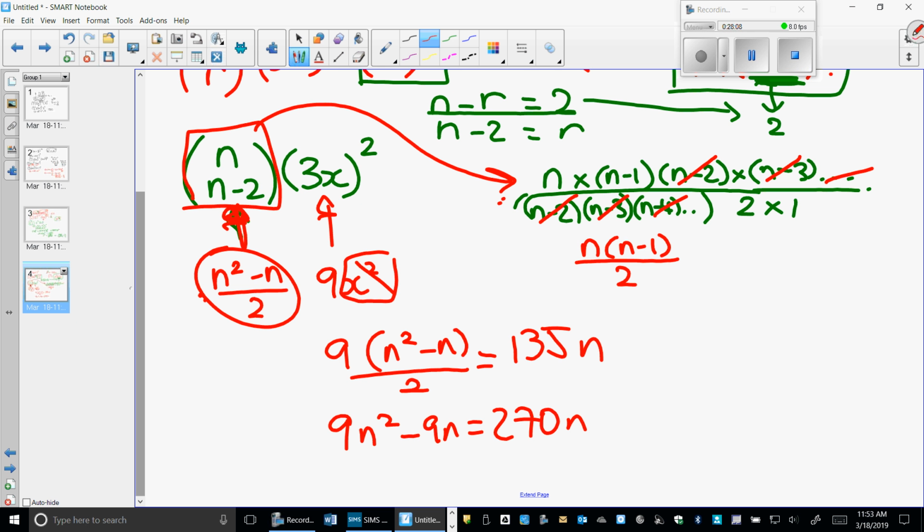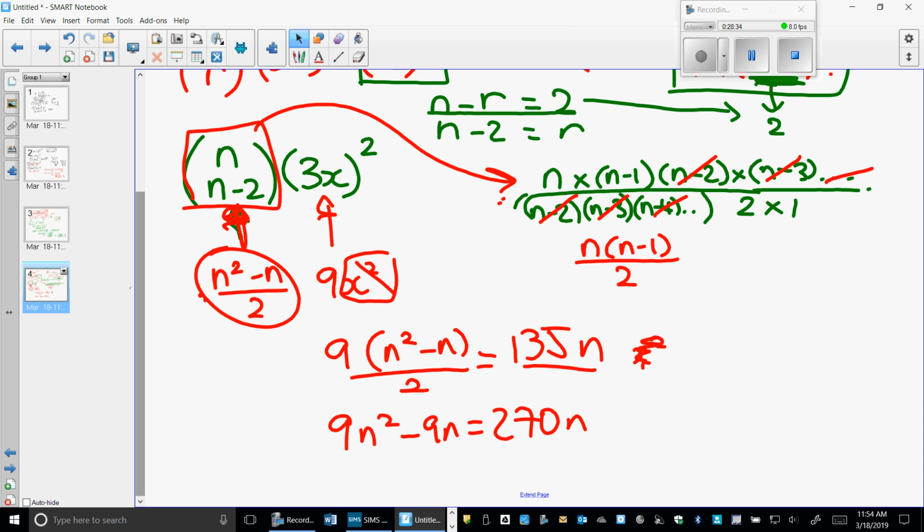And then you get this. Hold the horse. Why did we get rid of the x squared? Because they told us that this was the coefficient of x squared. So I don't need to compare the x squared, just the coefficient, the number next to it.